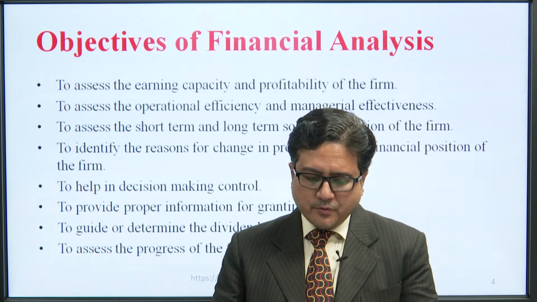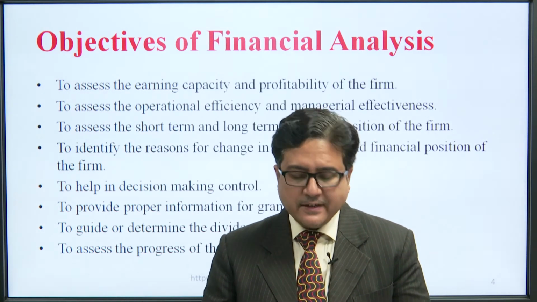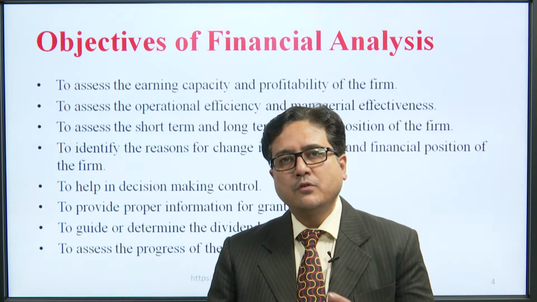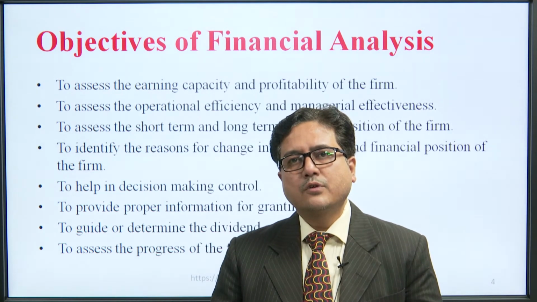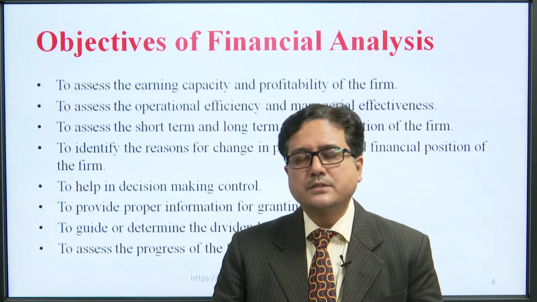Next, the objective is to guide or determine dividend action. We all know what a dividend is. Dividend is a payout which a company pays from profit to the shareholders.